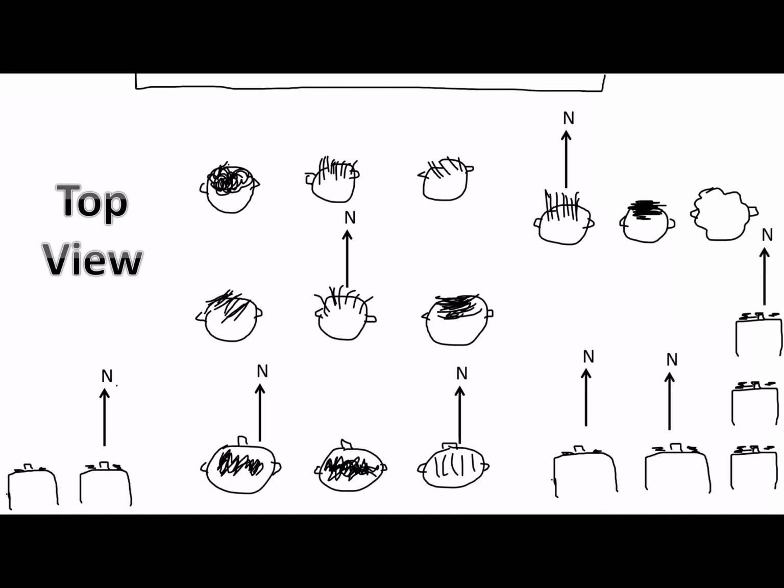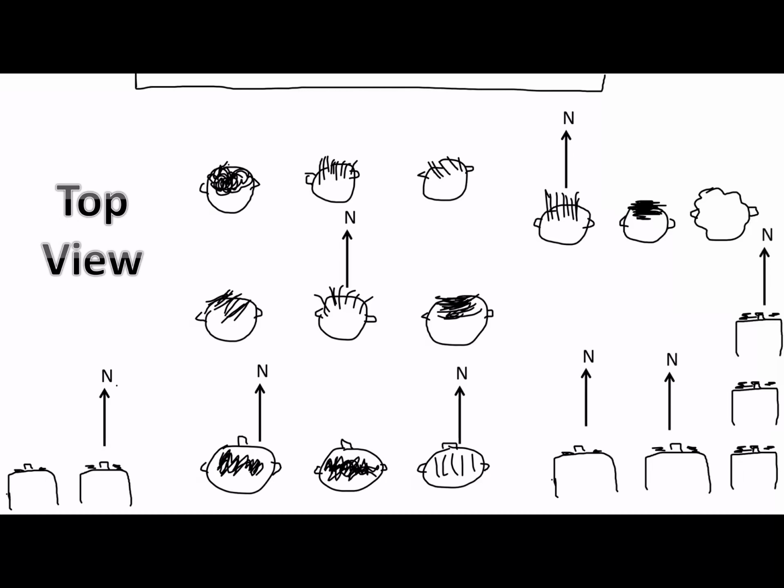The class monitor. What is the object that is looking? You. So the north line must be drawn at you, which is already drawn here, and the person inside the yellow circle is the class monitor.